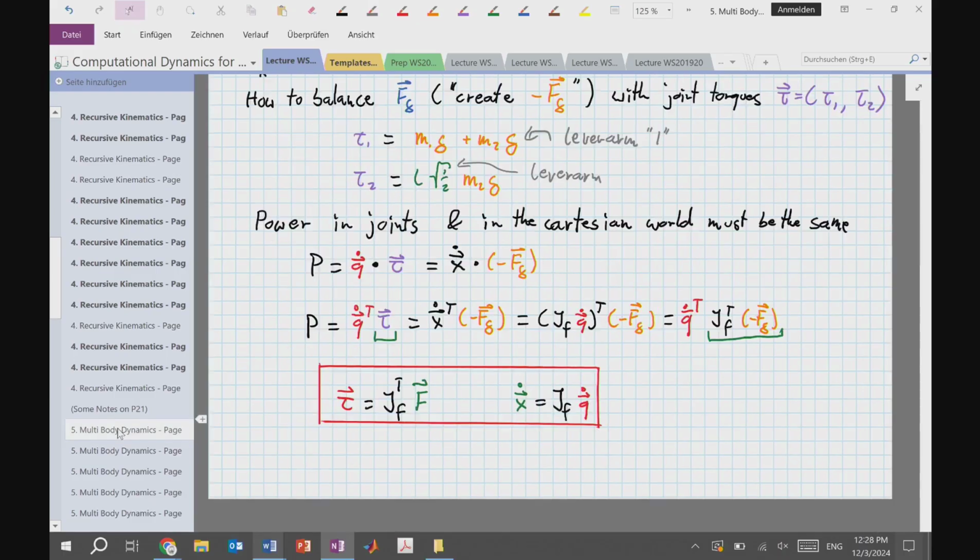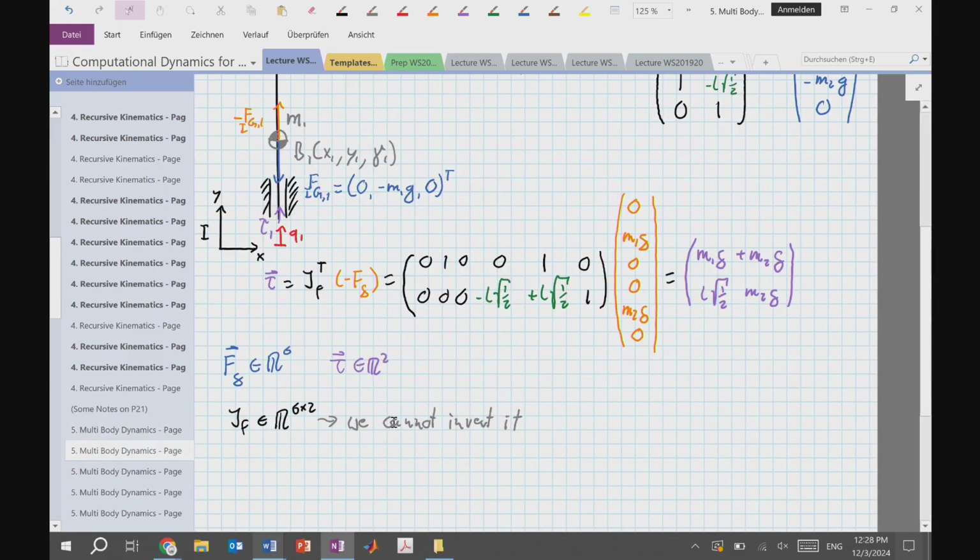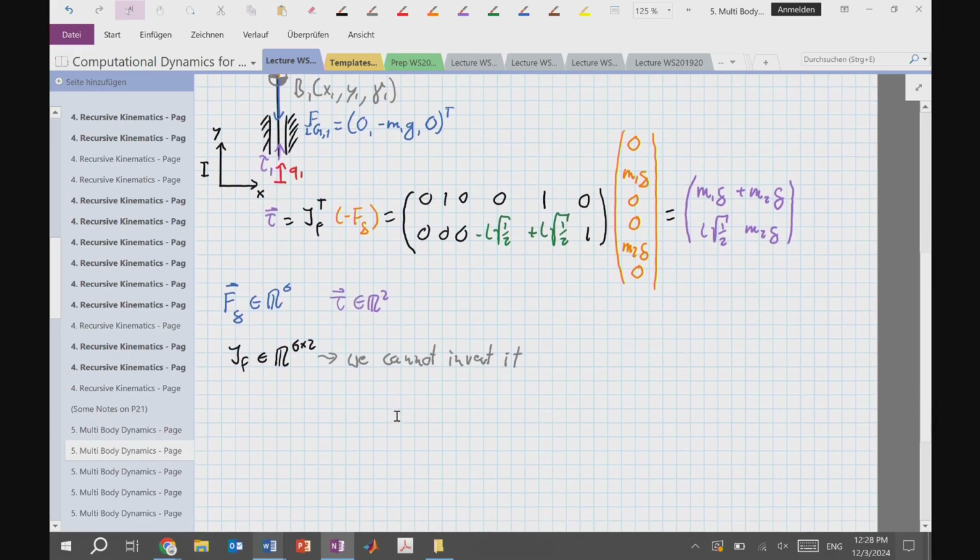So I'm kind of stuck with these directions, right? I can go from Q to X, and I can go from F to tau, but I cannot go in the other direction because I cannot invert this Jacobian.